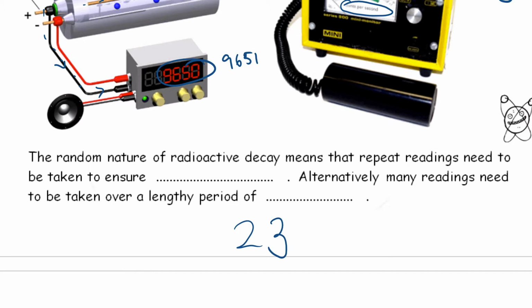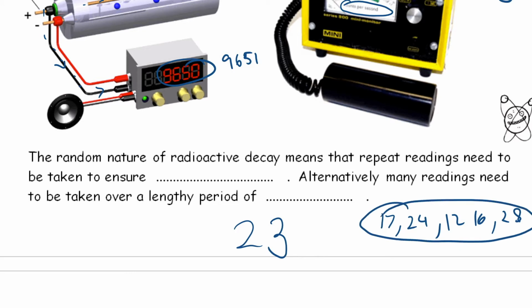I mentioned a few moments ago that the background radiation could be 17 one minute, it could be 24 another, then 12, then 16, and perhaps 28. Because it's random, what we need to do is take repeat readings, because repeat readings give you reliable results.